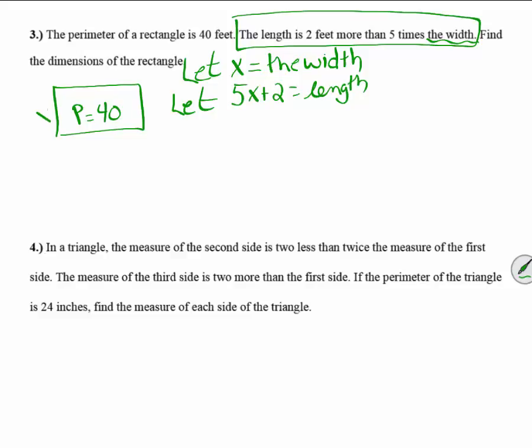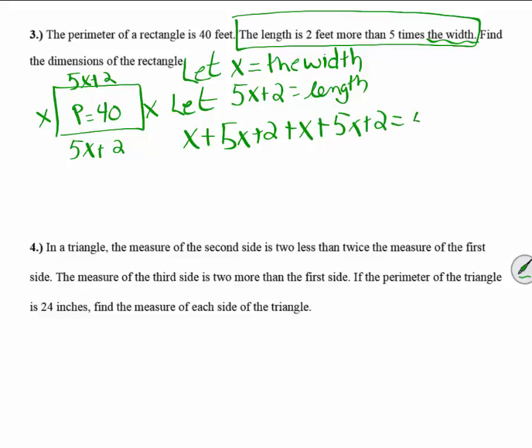So this is x, this is x, this side is 5x plus 2, and this side is 5x plus 2. Find the dimensions. My equation, because I know if I add up all 4 of those sides it has to equal 40: x plus 5x plus 2 plus x plus 5x plus 2 equals 40. We know from all of our property work that I could have listed those in any order because of the commutative property of addition.